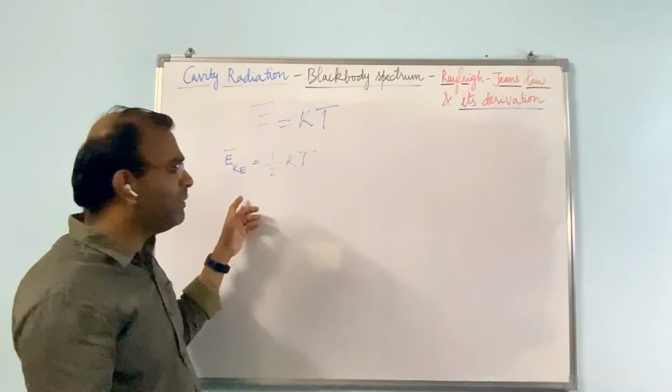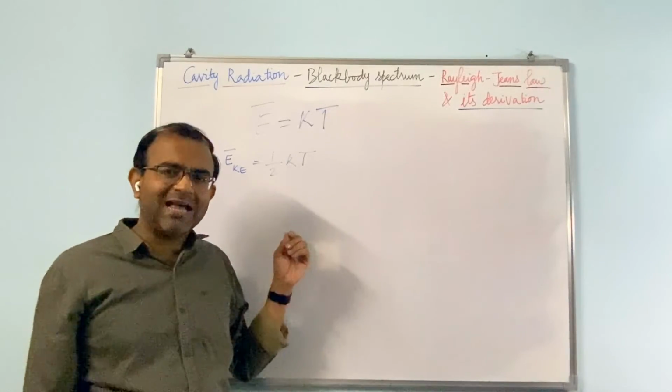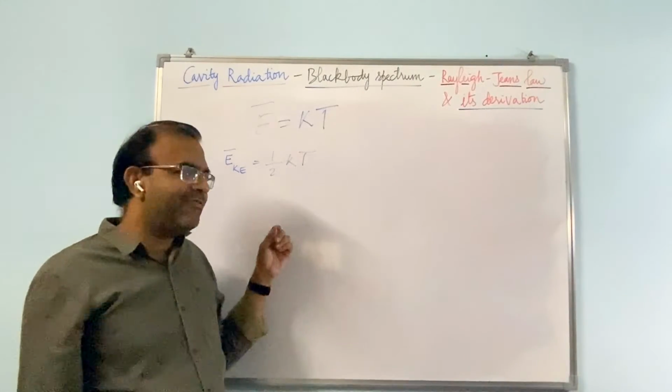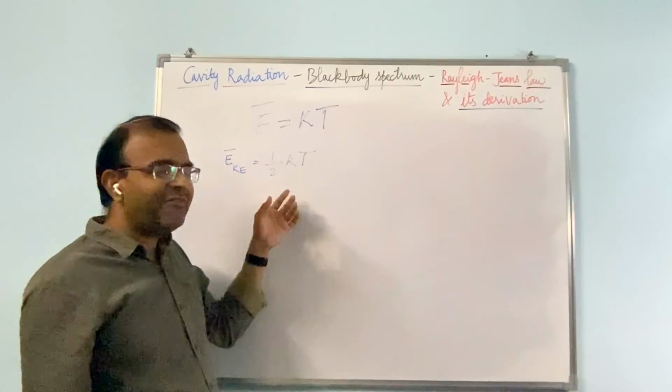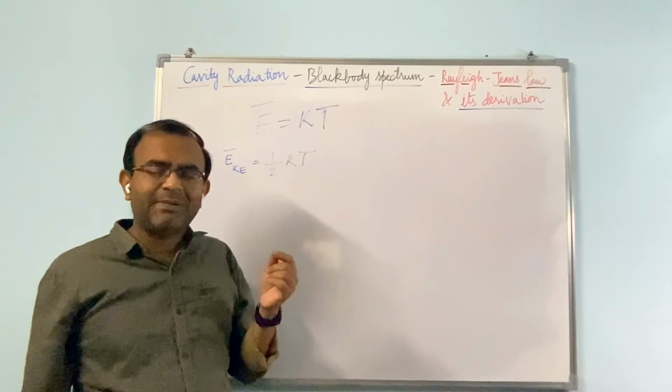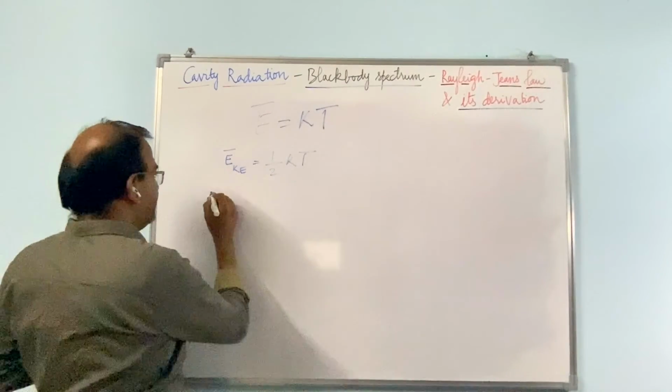In fact, the law of equipartition of energy states that for a system containing n gas molecules, the average kinetic energy of the system is half kT per degree of freedom, where k is the Boltzmann constant.